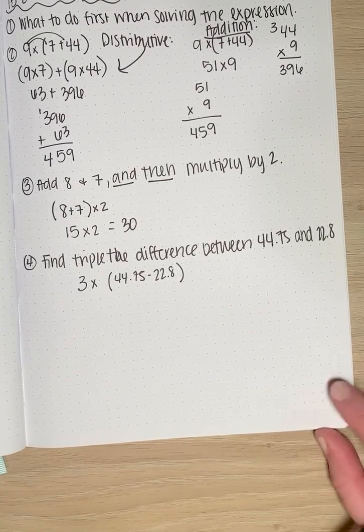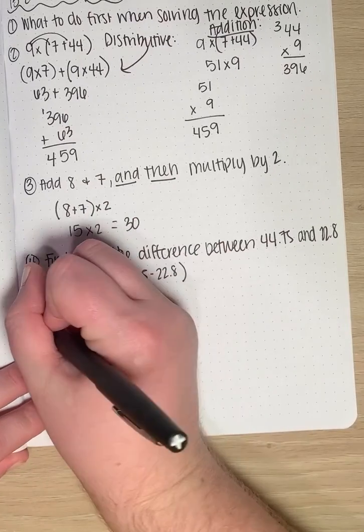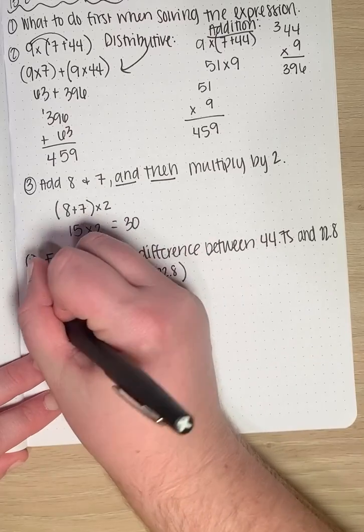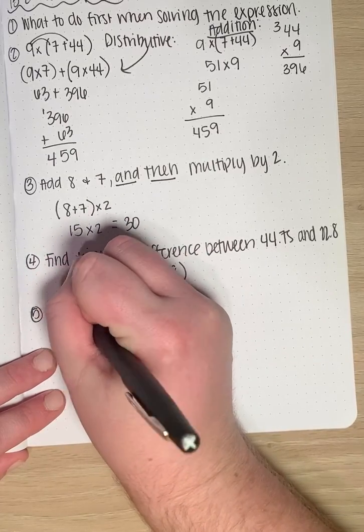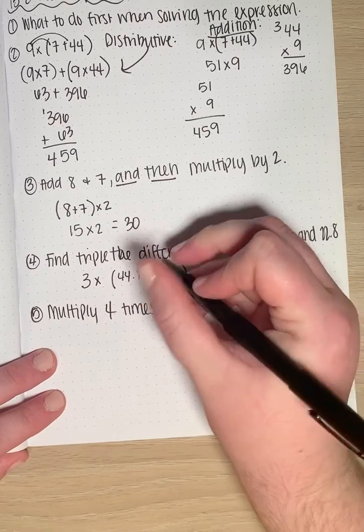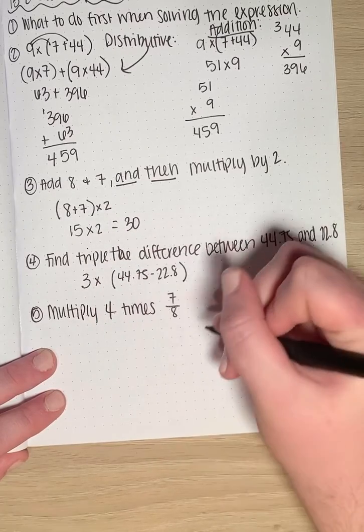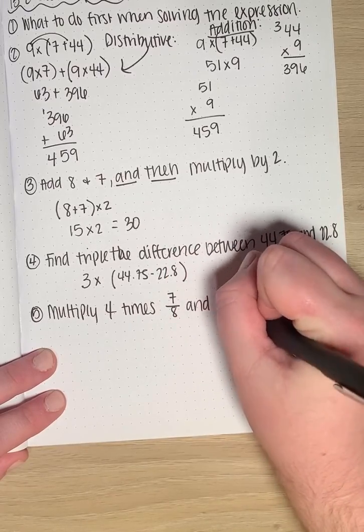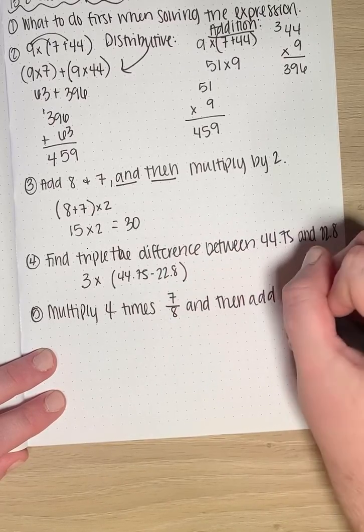All right, number 5. Multiply 4 times 7/8, and then add 12.